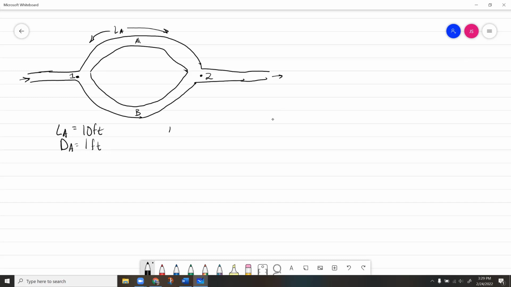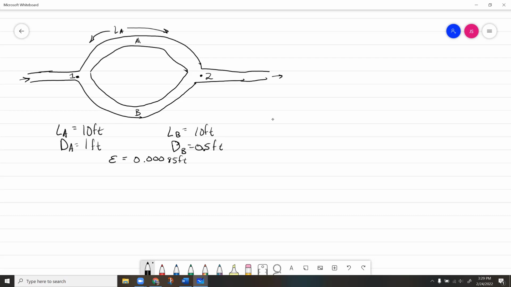Length B, 10 feet. And hey, this is that exact example, so we get to do it together. 0.5 feet is our diameter in B. Same pipe material, so we'll say roughness is 0.00085 feet.